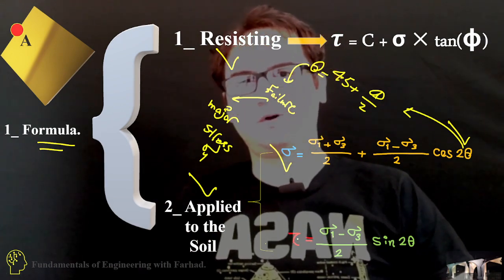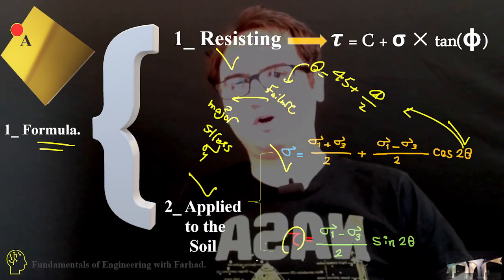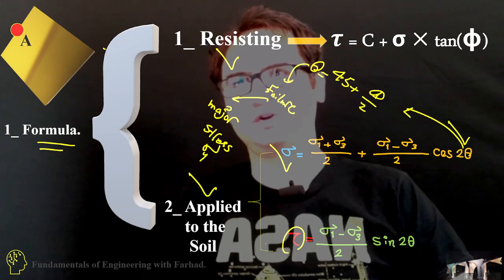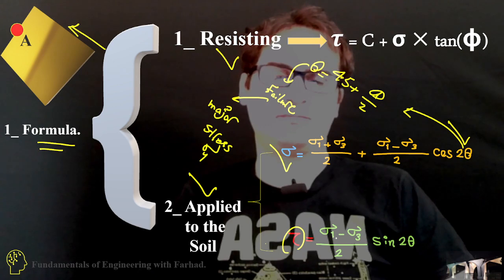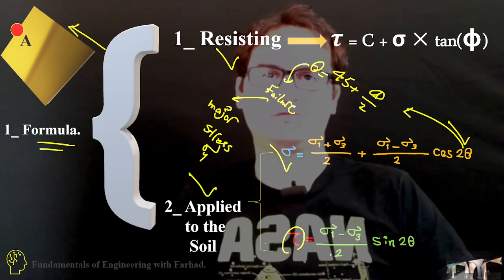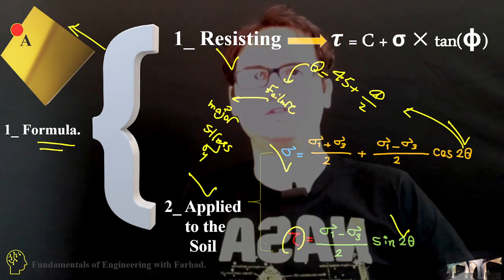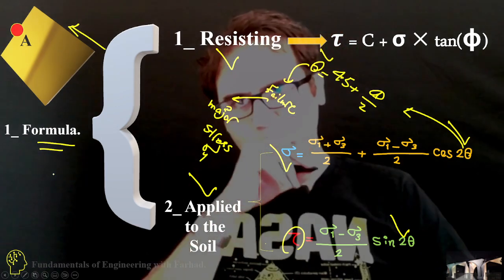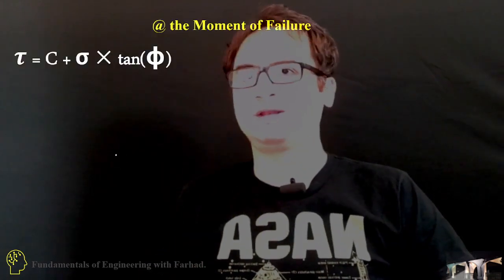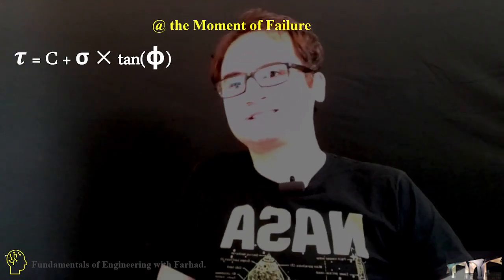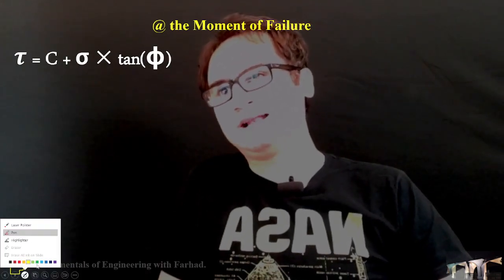And the applied shear to the soil, which is going to tear the soil apart, is major minus minor over 2 times sine of 2 theta, which is this angle. We reviewed this formula in a previous video.